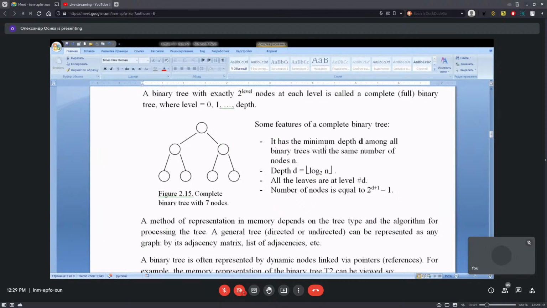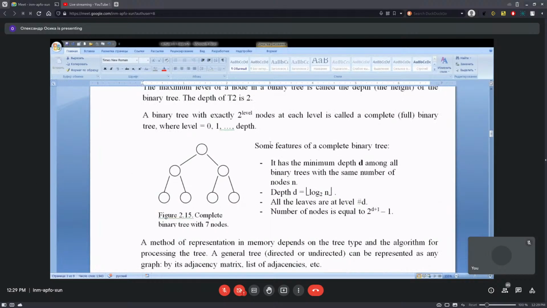Okay, so these are interesting features of a complete binary tree. Sometimes such a tree is called a perfect complete binary tree. And such a tree with some nodes at the bottom level missing is also considered to be complete.